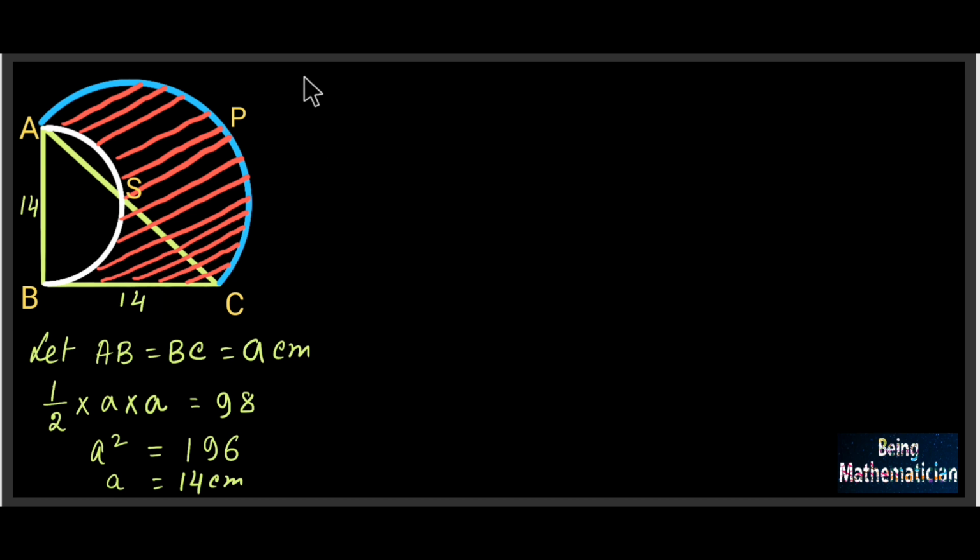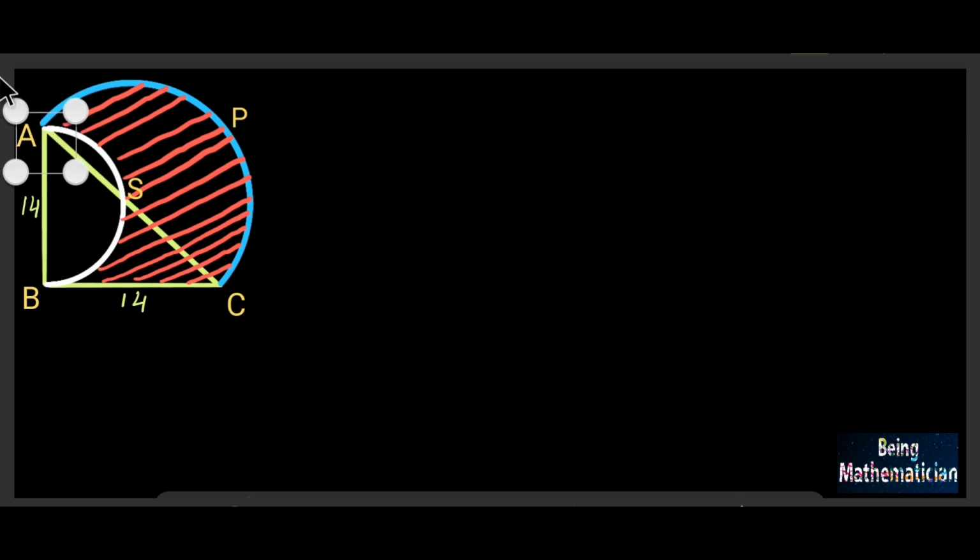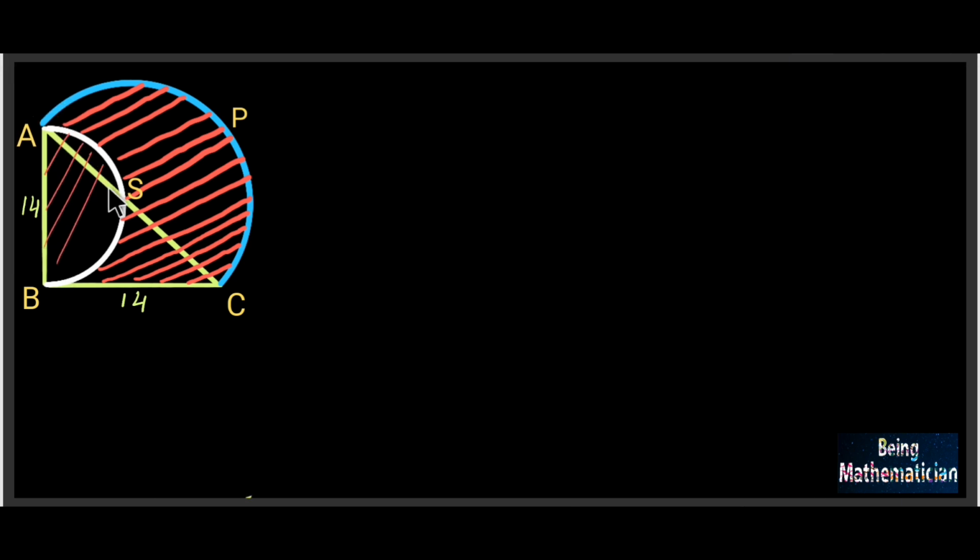So we can find easily AC, which is the hypotenuse of the triangle ABC, and it is root 2 into side. So it must be 14 root 2 centimeter. We have to remember these results. Now let's find the area of this semicircle.